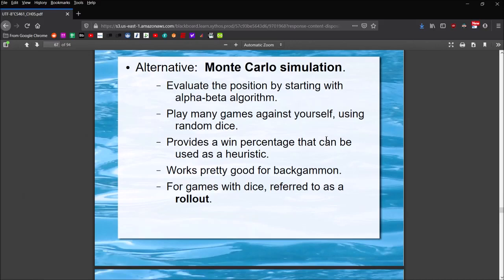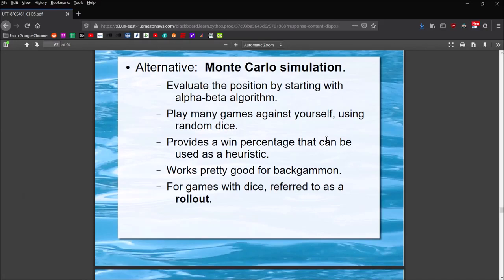So you can generate a full tree saying, well, if the user had rolled this, or if the user had rolled that, or the other thing, play out all the games using those random dice rolls. And that can provide you a particular win percentage that you can use as a heuristic.